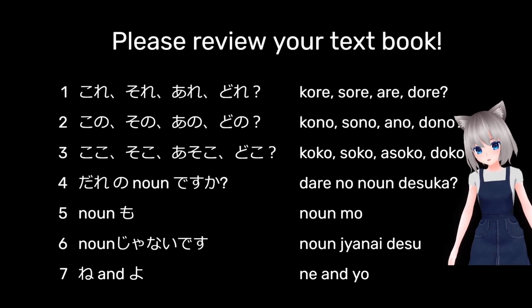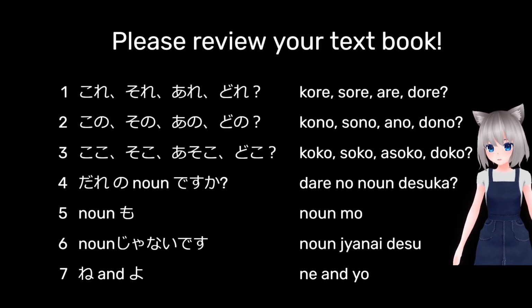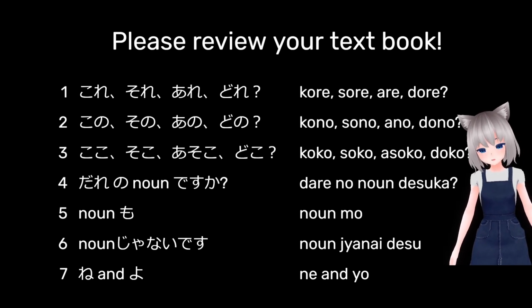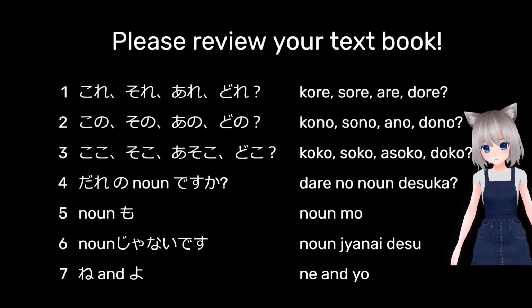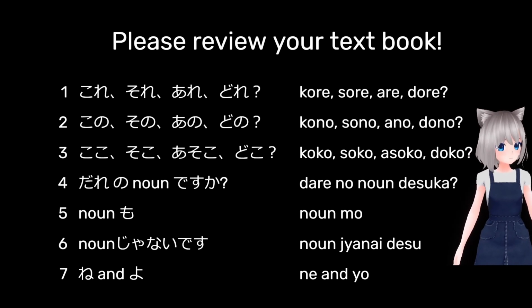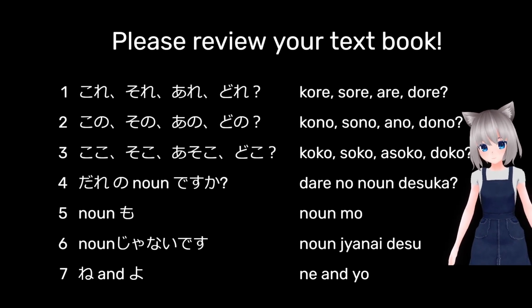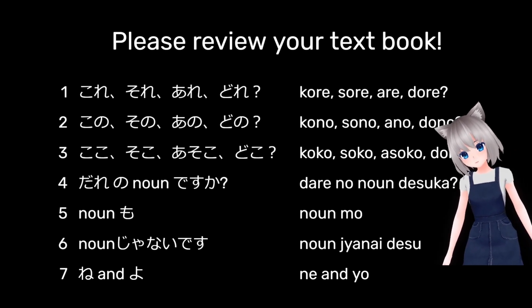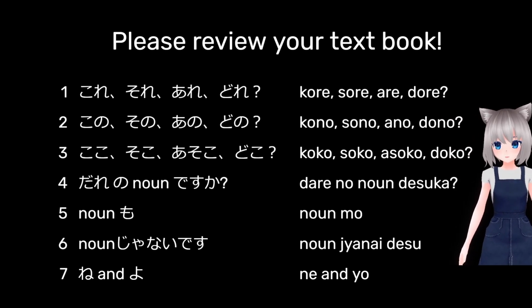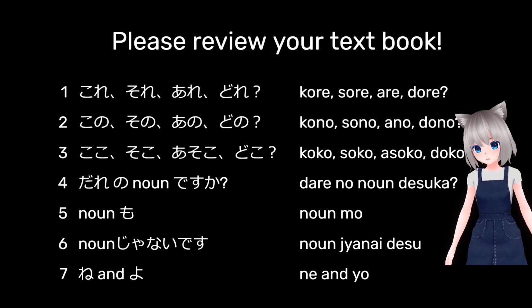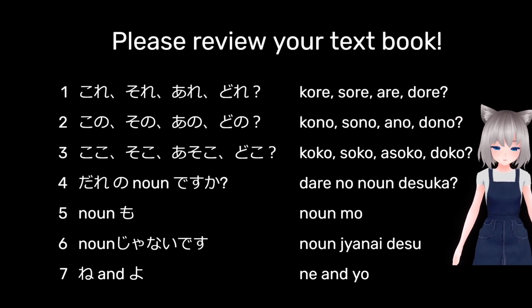Number 4, 誰の noun ですか: whose is it? Number 5, noun も, to say also. Number 6, noun じゃないです: it's not noun. And number 7, ne is isn't it? And yo is I'm telling you, I know this but you don't know. Okay, how did you go?